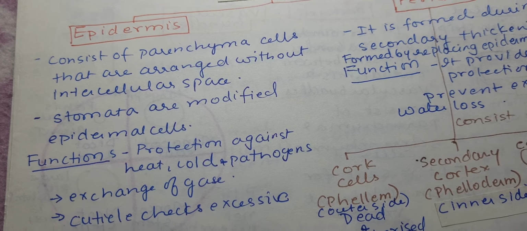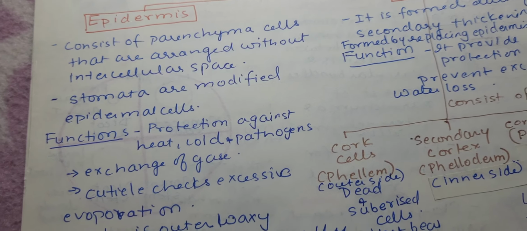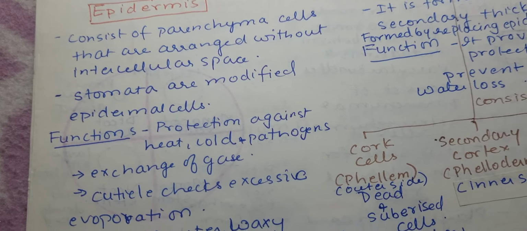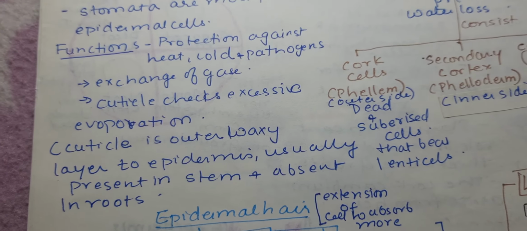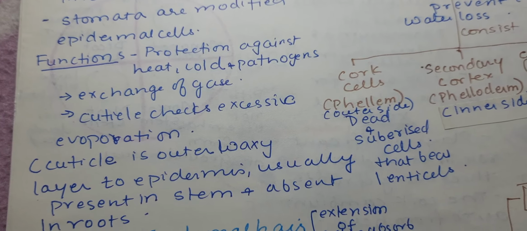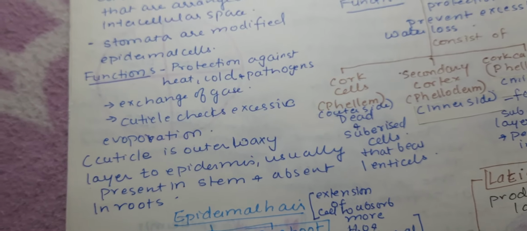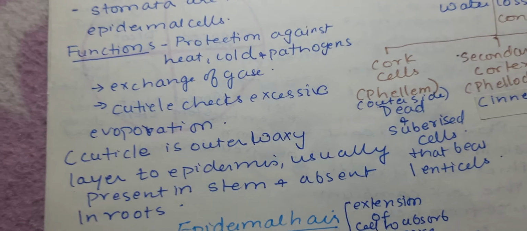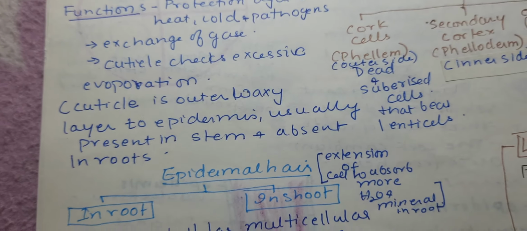They are arranged without intercellular space in the epidermis, and some of the epidermal cells are also modified into stomata. The main function is protection from heat, cold, and pathogens, and also exchange of gases. The cuticle, which is present just above the epidermis, checks evaporation.